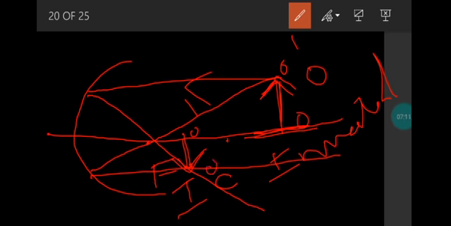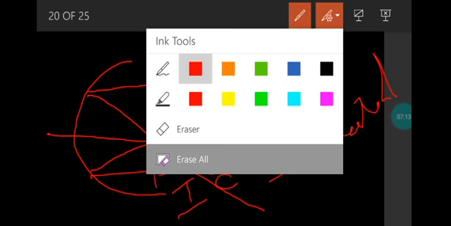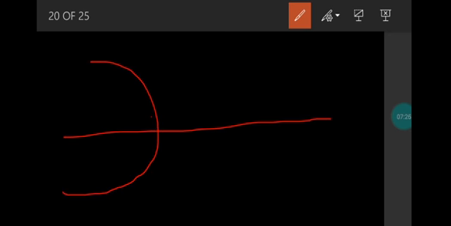And next comes how the image is formed in the convex mirror. Look at here. Let us take, this is our mirror and this is a principal axis and this is an object. When a light ray passes parallel to the principal axis, obviously it gets diverged like this, right?